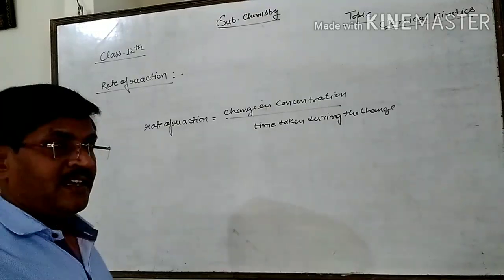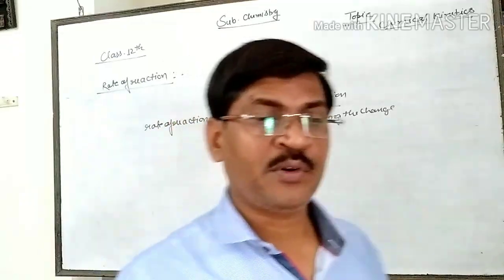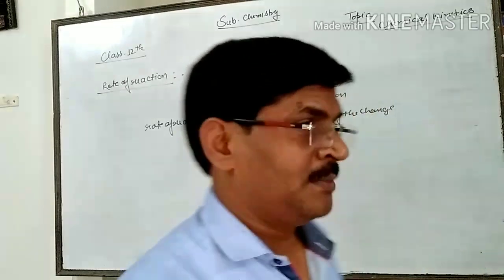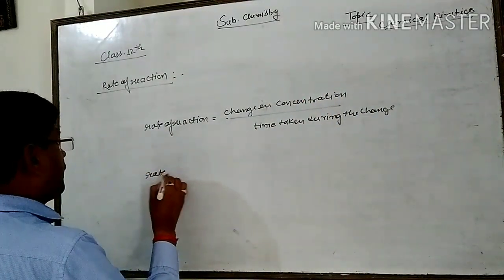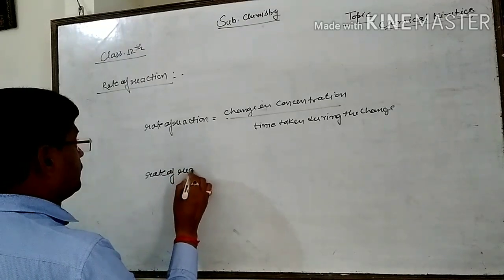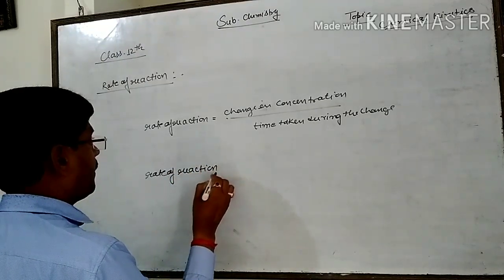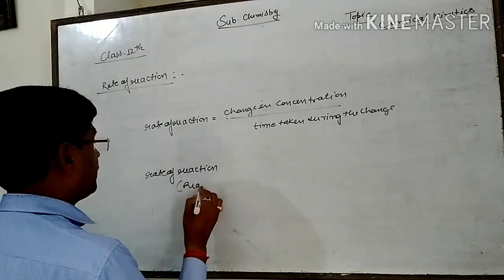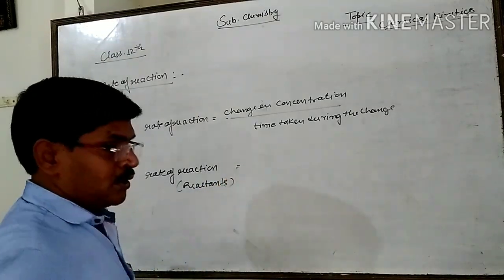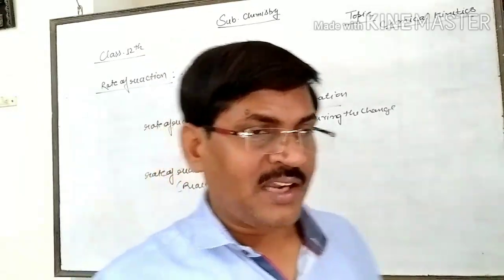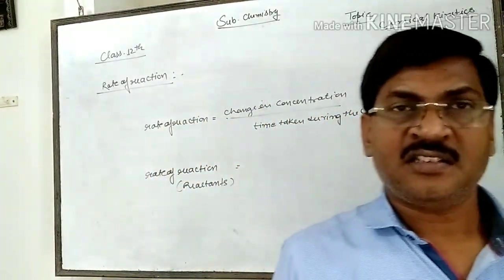But this is in respect of reactants and products. It can also be represented as rate of reaction for the reactants. You know that with the passage of time the concentration of the reactants decreases.